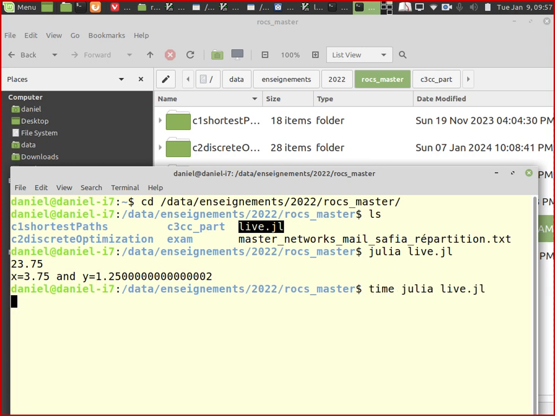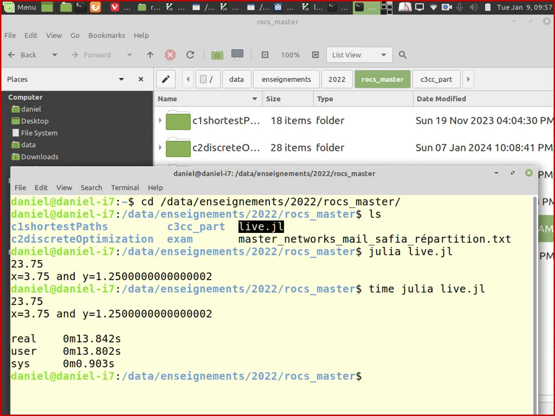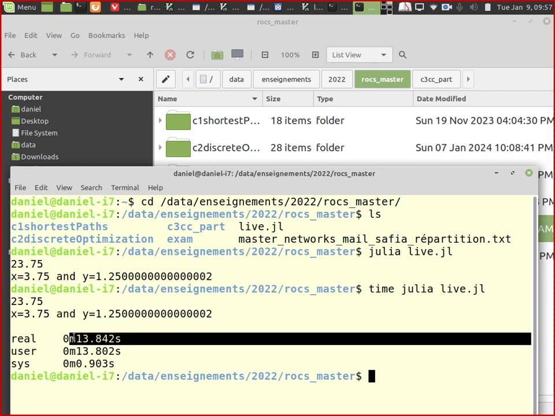Let me check how many seconds it takes by putting the time command before. Time will give us the time as well. It takes 13 seconds. This is huge for me.